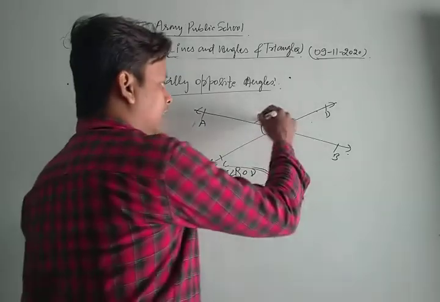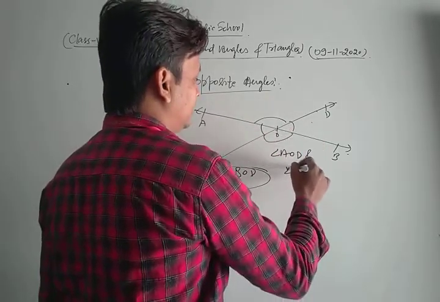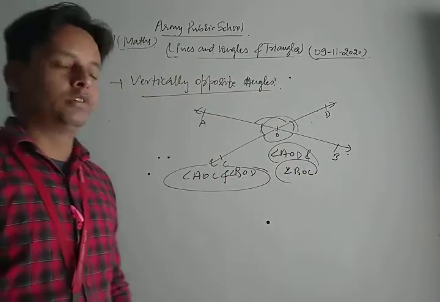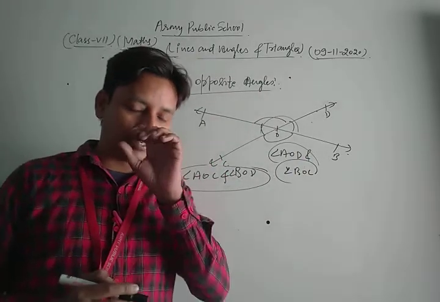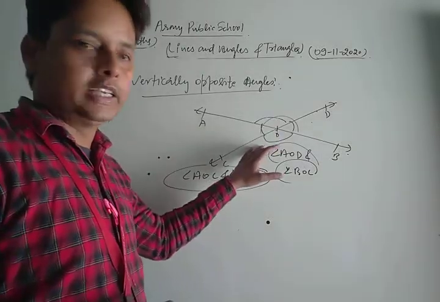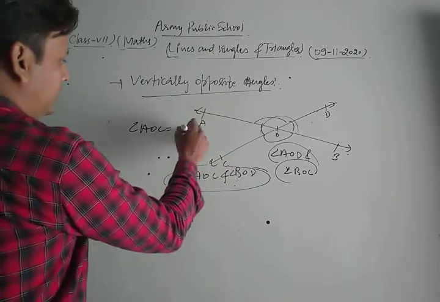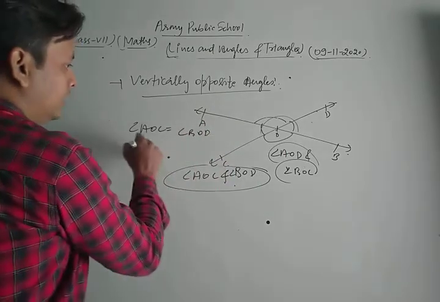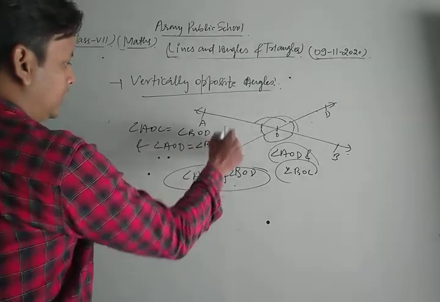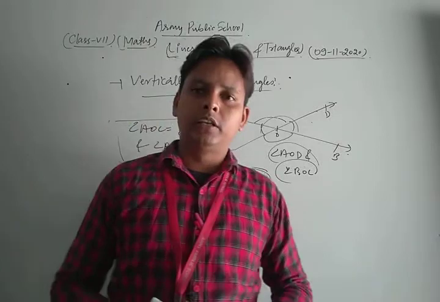Likewise, angle AOD and angle BOC are also a pair of vertically opposite angles. One of the most important results is that vertically opposite angles are equal to each other. So angle AOC is always equal to angle BOD, and angle AOD is always equal to angle BOC. This is the very important concept related to vertically opposite angles.